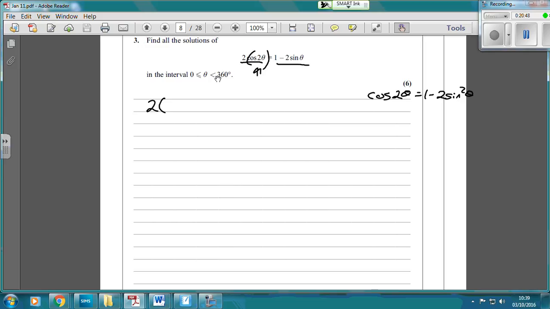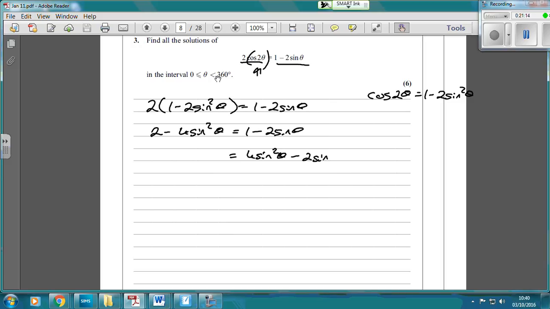So it's going to be 2 bracket 1 minus 2 sin squared theta equals 1 minus 2 sin theta. What we're going to do then is expand the brackets: 2 minus 4 sin squared theta equals 1 minus 2 sin theta. And then get it all over to the right hand side. So 4 sin squared theta minus 2 sin theta minus 1.